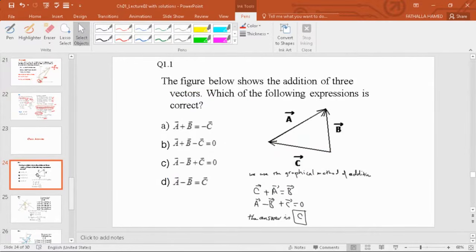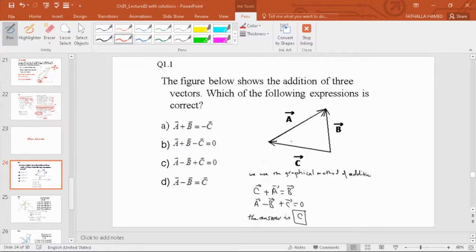So now let's deal with this final one. We'll deal maybe with some of them in the next lecture, but let's do this one here. They give you these vectors where the tail of A is at the head of C, and then the head of B is coming to the head of A, and they ask you which of these relations would do that.